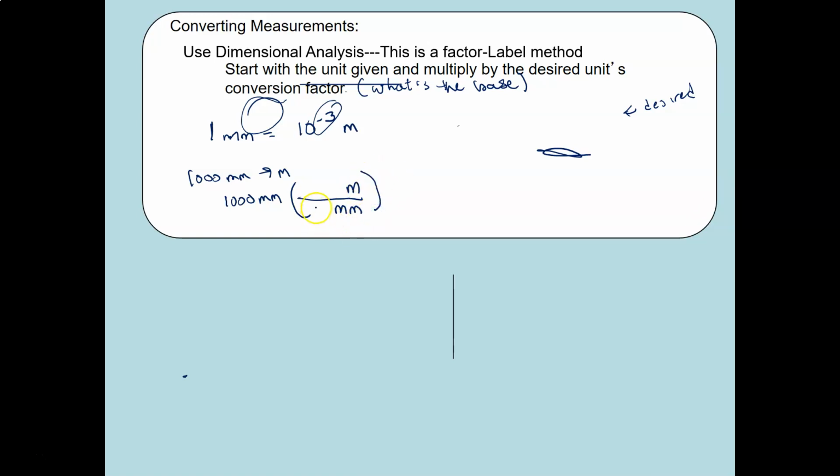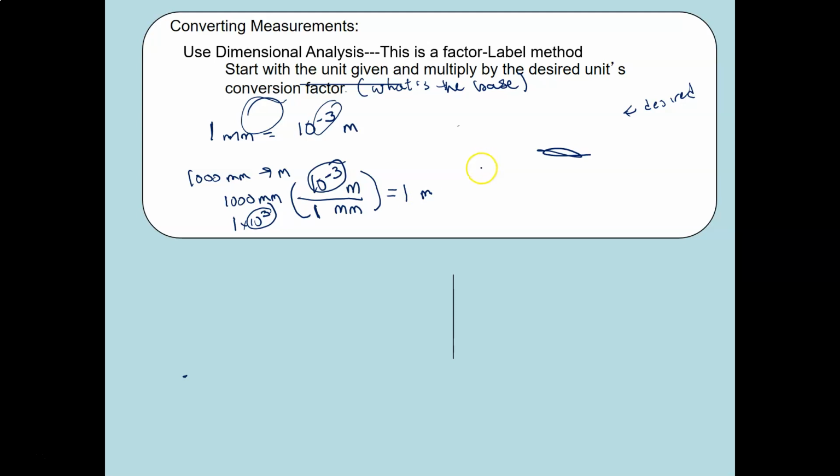According to the chart, 1 millimeter is 10 to the minus 3 meters. Now, mathematically, guys, you should be able to do this in your head. You should be able to convert this to 1 times 10 to the 3. That's 10 to the minus 3. When you're multiplying, you add these together. So my answer would be 1 meter.